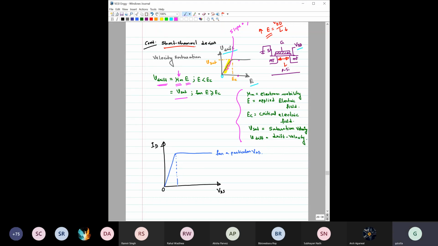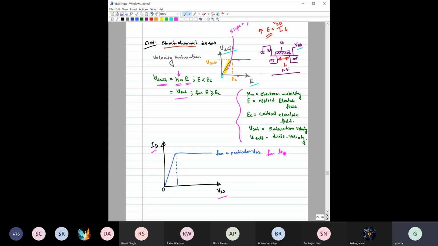Right? So now how can you get an idea of the current equation for a short channel MOSFET if we know the current equation for a long channel MOSFET? Say this is the ID versus VDS characteristic for a particular VGS.